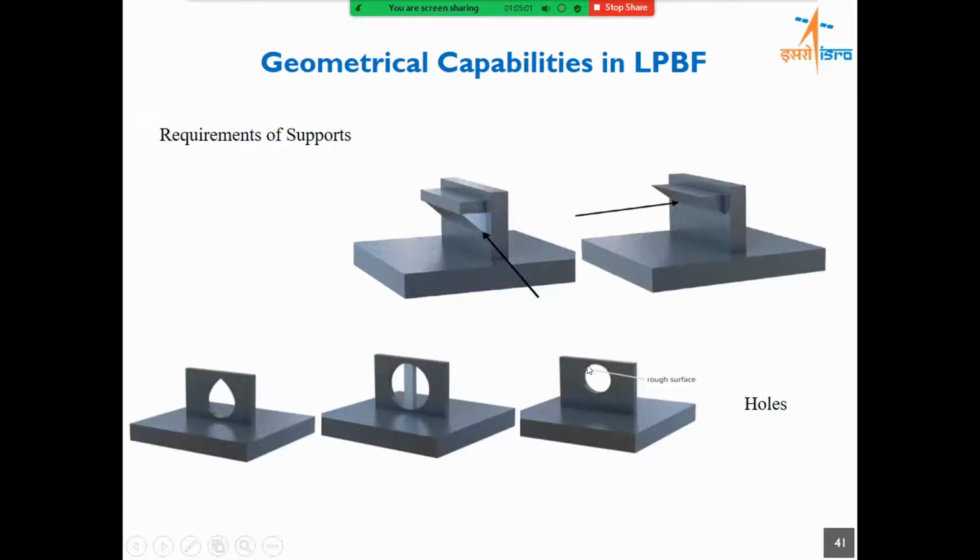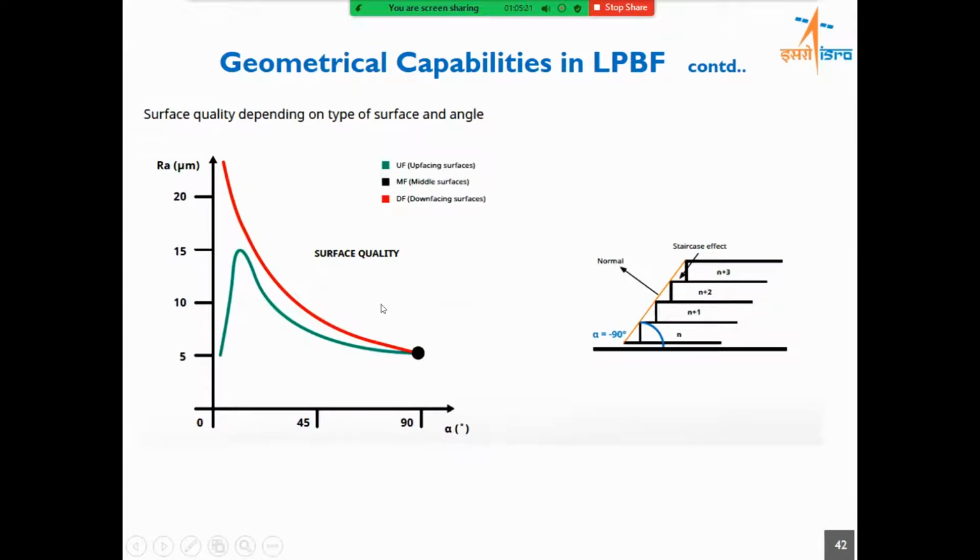Or if you are trying to print a circular shape without any support, you tend to have some rough surface in this area, especially when you go towards the top of this hole. So it is essential to see how to take care of such features in the part by reorienting the part. And of course, the surface roughness also depends on whether the surface is up facing or down facing like this.